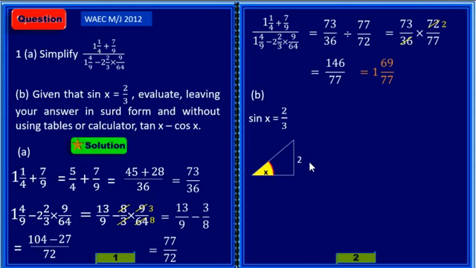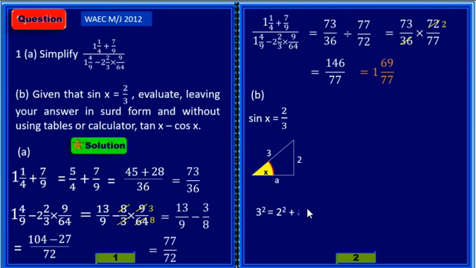That means the opposite is 2. The denominator is the hypotenuse, the longest side of the triangle. That is 3. Then this side is the adjacent. Let's represent it by A.